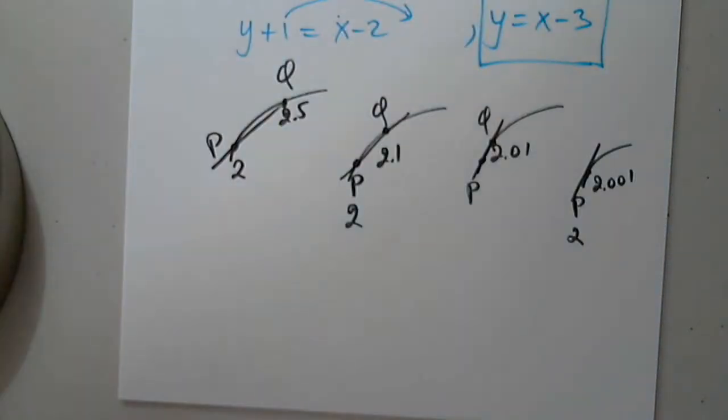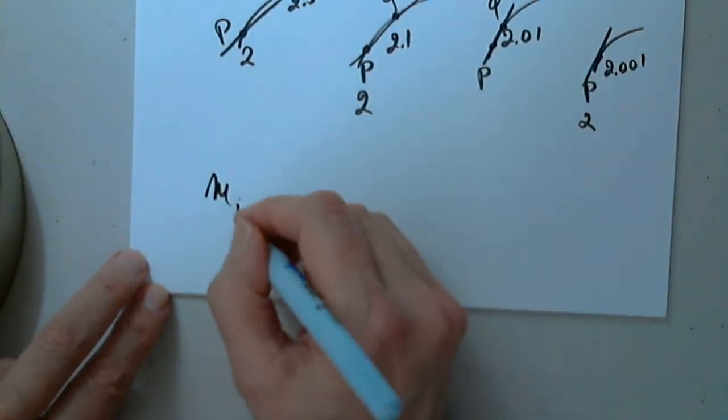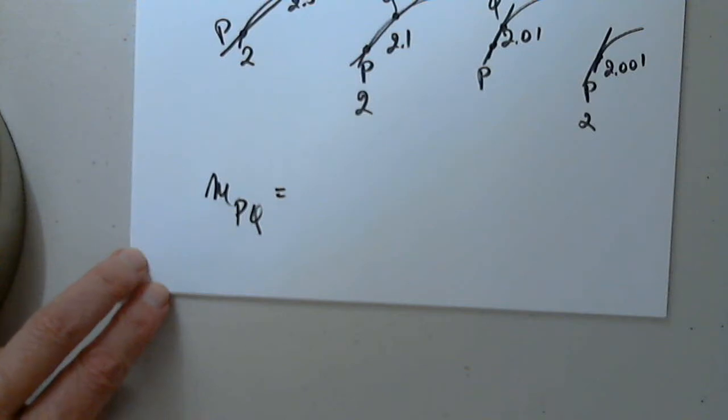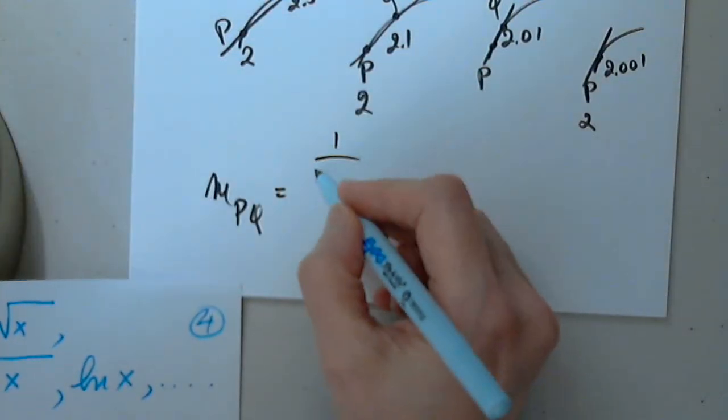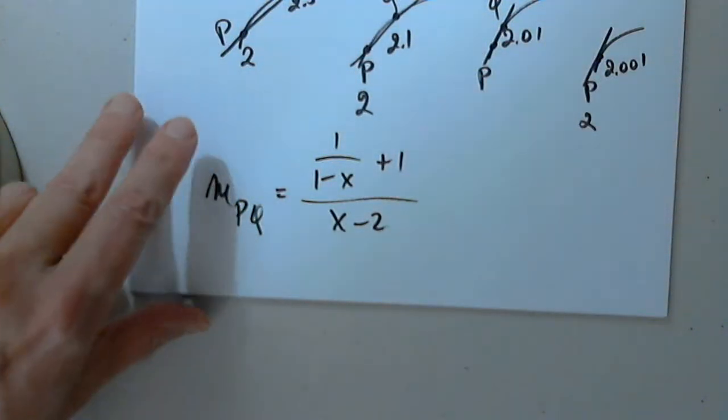Good. So now I would like to simplify this a little bit. So the slope of PQ was 1 over 1 minus x plus 1 over x minus 2. Let's see if we can simplify this a little bit.